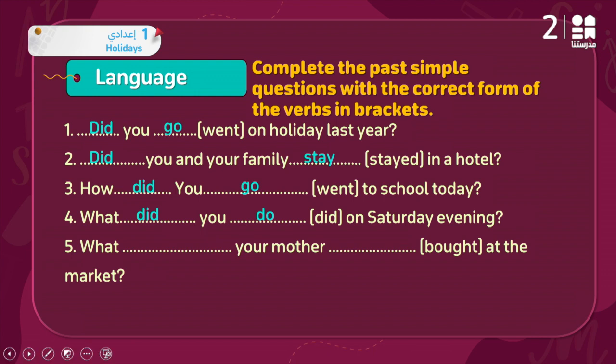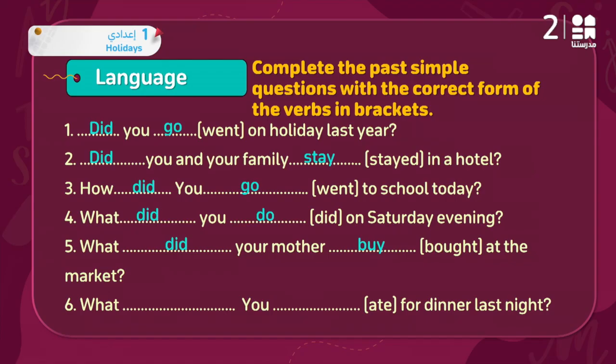What? Of course, after the WH question word I have to add did. What did your mother bought? No, the basic form of the verb bought is buy. So, what did your mother buy at the market? The last one, what did you eat?